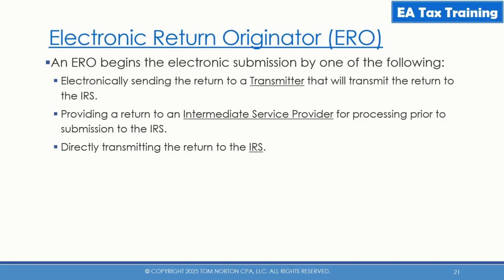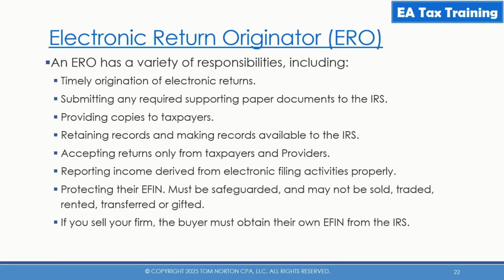Again, what we do in the real world is we've got tax software. We submit it through the software. The tax software company will either be a transmitter or an intermediate service provider themselves, or they will contract with one, and then it will get submitted to the IRS. But again, for the exam, you need to know that this is who you can send it to: a transmitter, an intermediate service provider, or in some cases directly to the Internal Revenue Service.